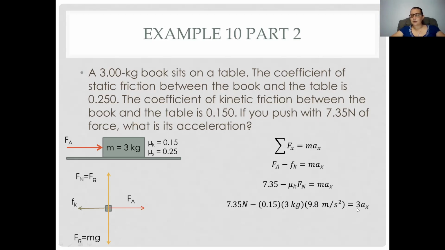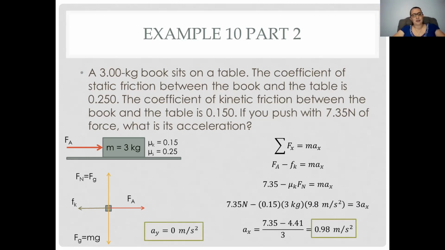Again, our mass is 3 kilograms, and now we're trying to find that acceleration. So typing all that in our calculator, dividing both sides by 3 gives us an acceleration of 0.98 meters per second squared. Again, that's our x acceleration. And as I said before, our y acceleration is 0.